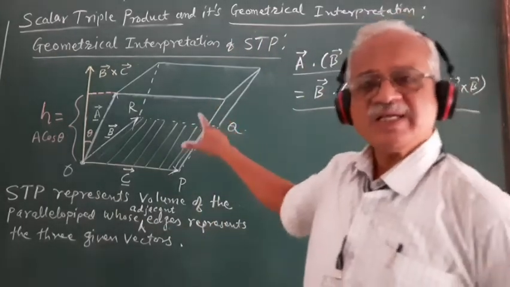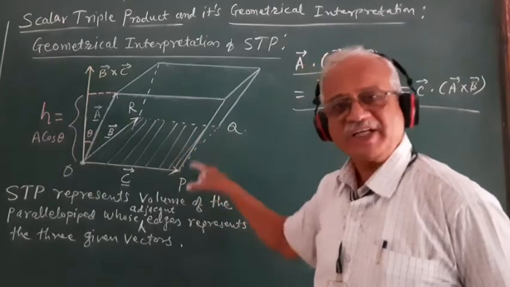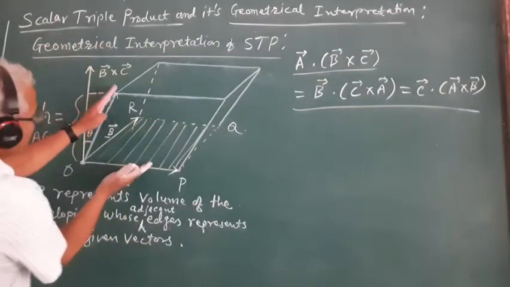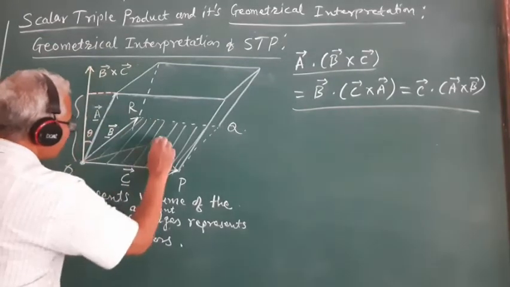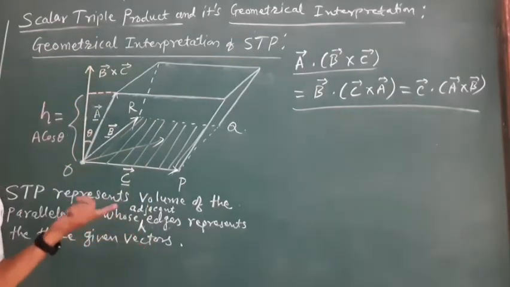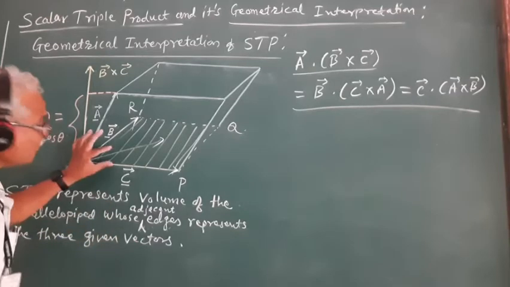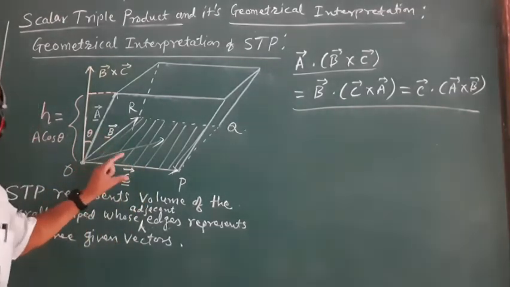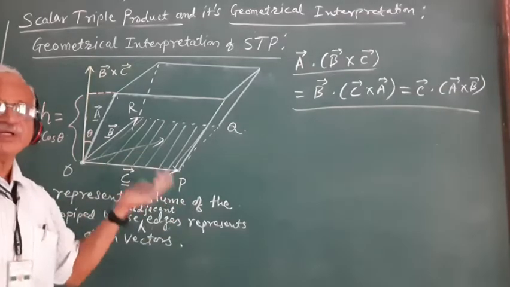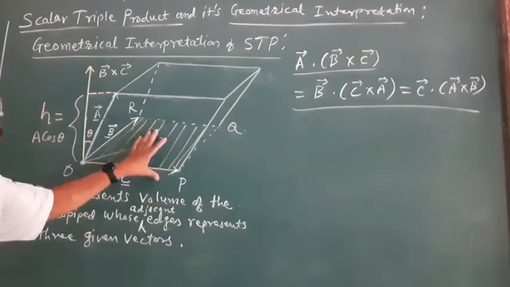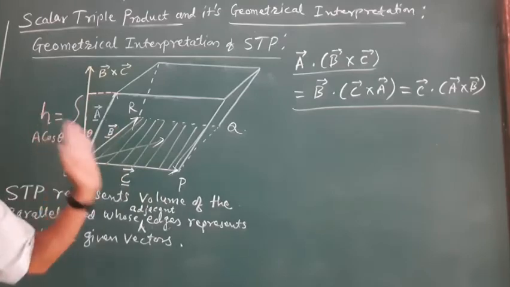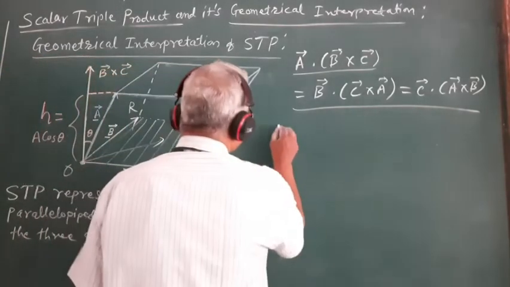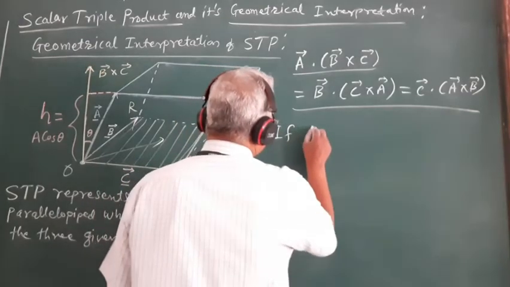That we can easily understand from this geometrical interpretation. If all these three vectors lie in the same plane, naturally the height of the parallelepiped will be equal to 0. And if the height of the parallelepiped is equal to 0, naturally the volume of this parallelepiped will be equal to 0.